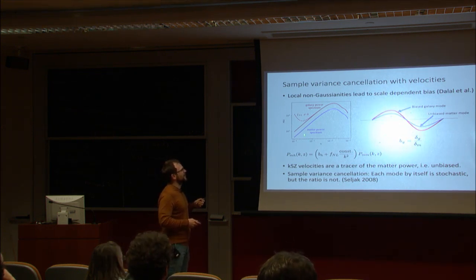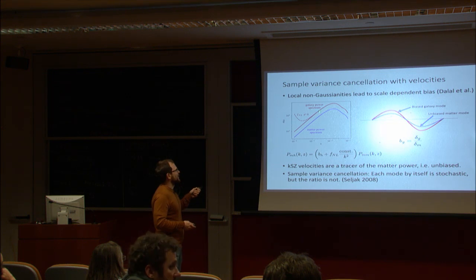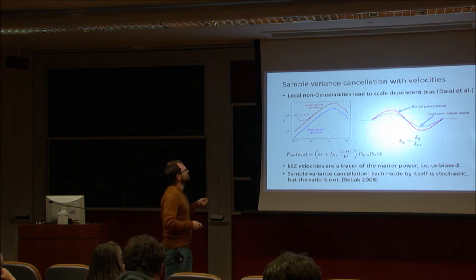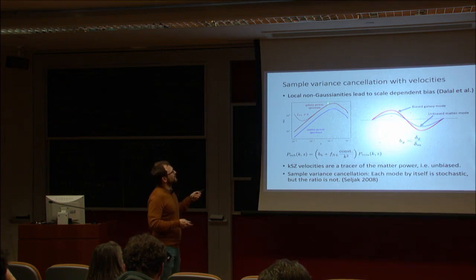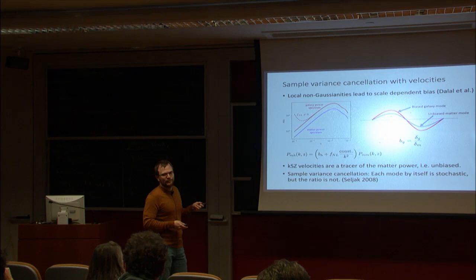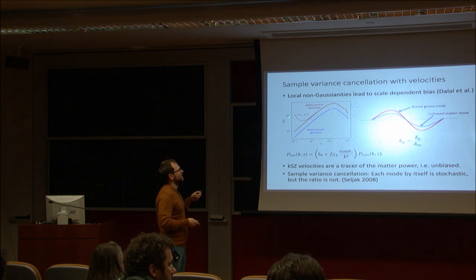Galaxy power is larger, so the bias is some order 1 quantity, but it's usually larger than 1 for larger halos, and often for the halos we measure. And if f_NL is not 0, then there's this famous scale-dependent bias that was found by Neal Dalal and others. That kicks in on the largest scales, and this is the signal that we are after.